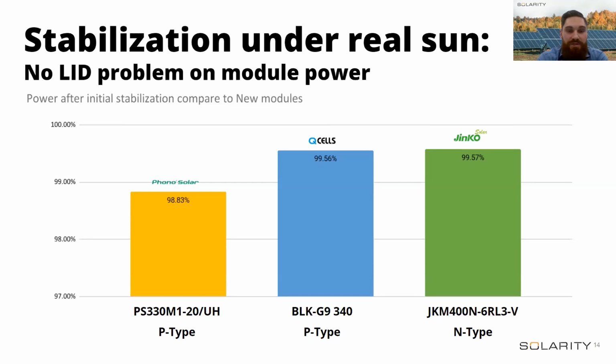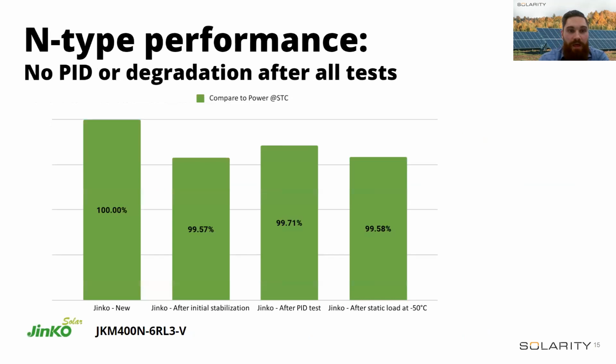Based on the datasheet warranty, when we are talking about that special N-type product, it is 100% as a new product, 400 watt peak N-type.